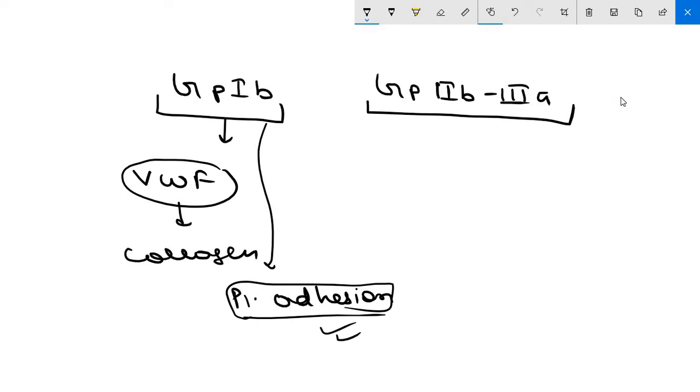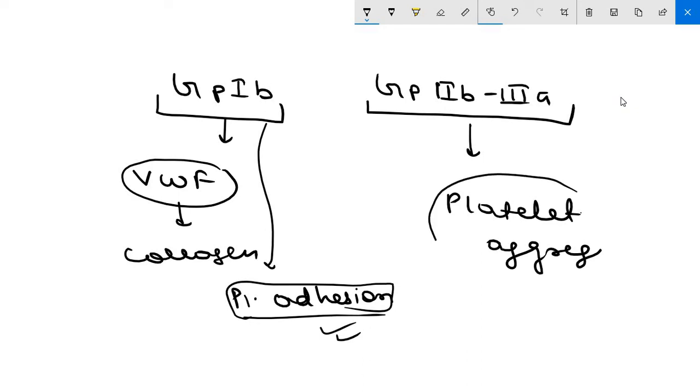On the other hand, this glycoprotein 2B3A receptor binds with the similar receptor on the other platelets and helps in platelet aggregation. So this receptor binds on the same receptor on the other platelet and helps in platelet aggregation at the place of trauma.